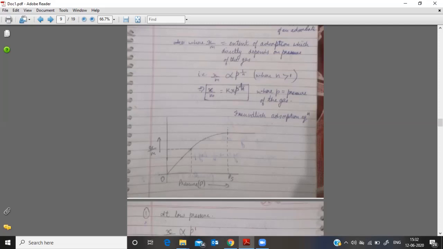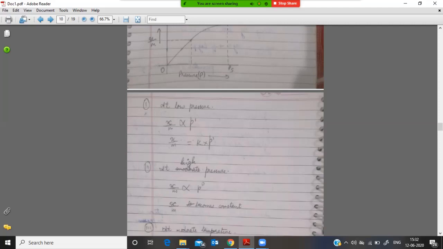That is, x by m is proportional to p to the power 1, or x by m is equal to k into p to the power 1, where k is the proportionality constant.